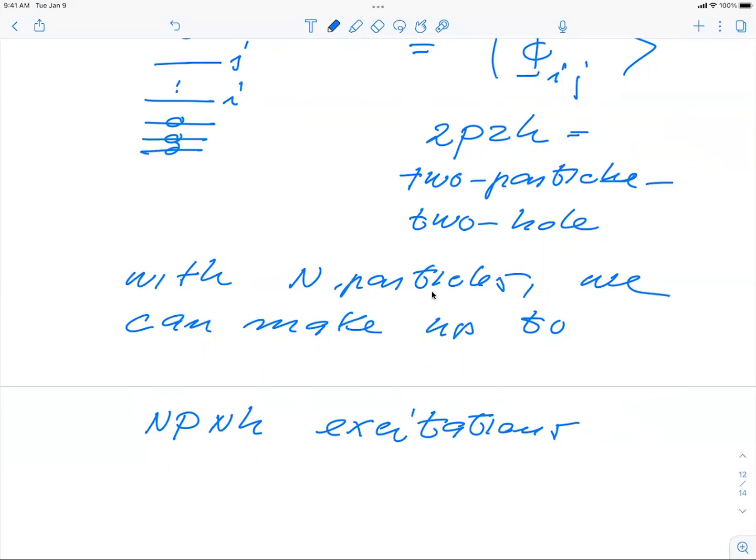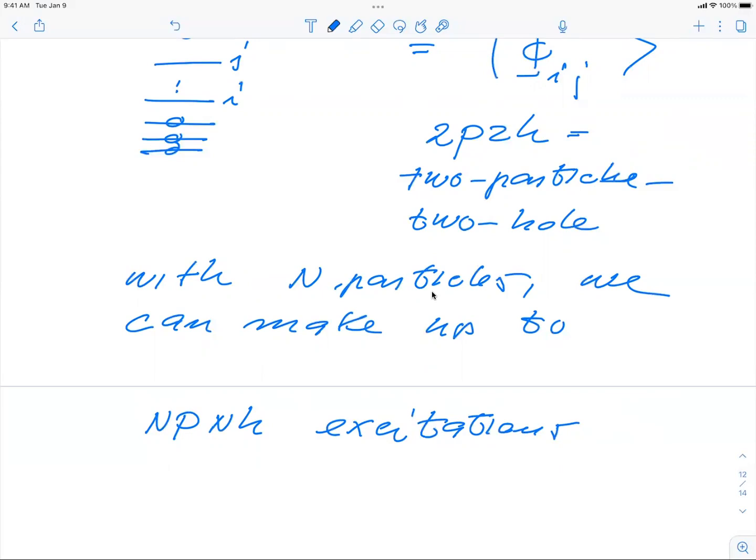If you have an n-particle, n-hole excitation, that means that there is nothing left below the Fermi level, and you have filled in n particles in different slots above the Fermi level. So this is all language which we are bringing in.